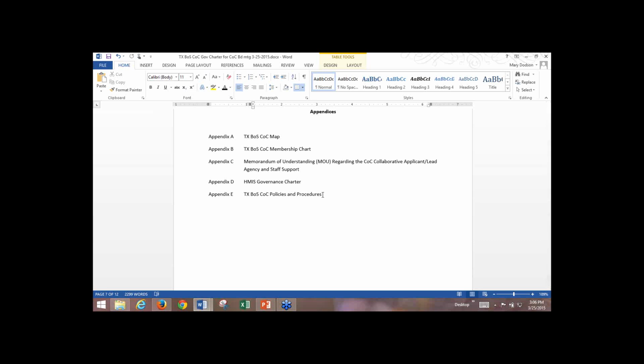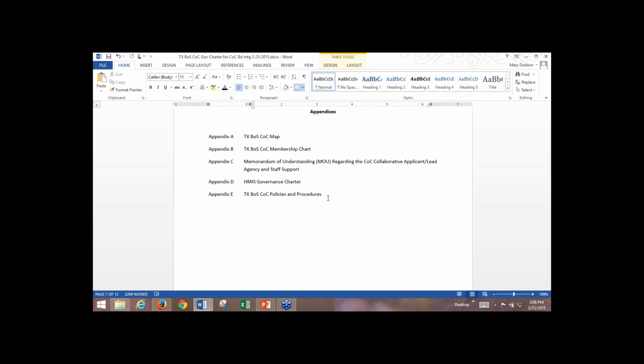Those are all of the how we do what we do in the COC. We have started on those, but they are far from finished, so we don't actually have those attached, but those will become an official appendix to the governance charter when we've finished them and our board has voted on them.